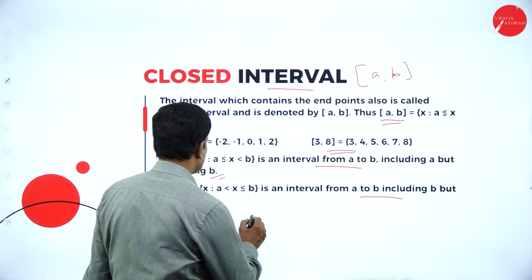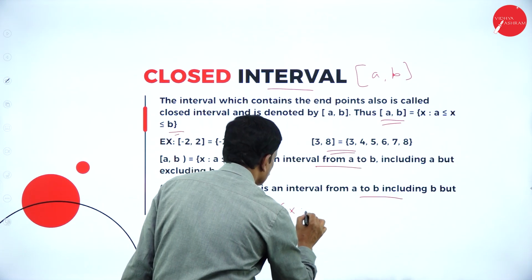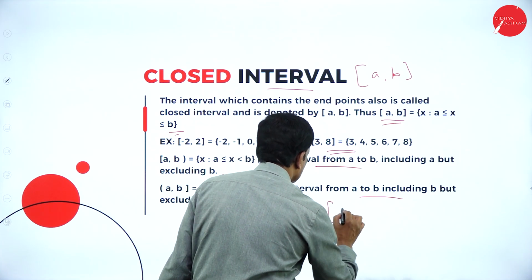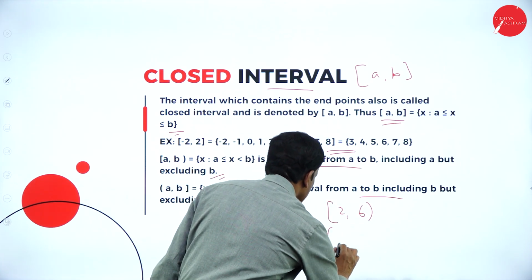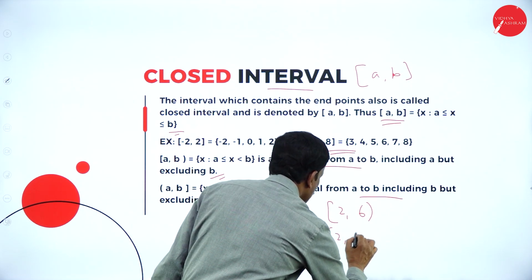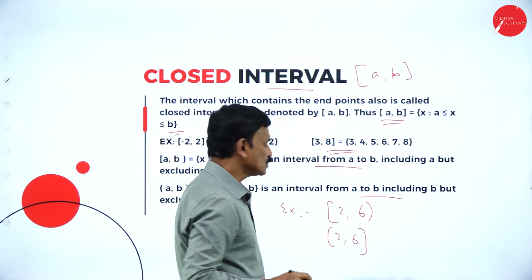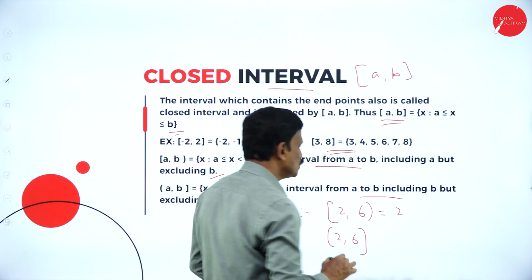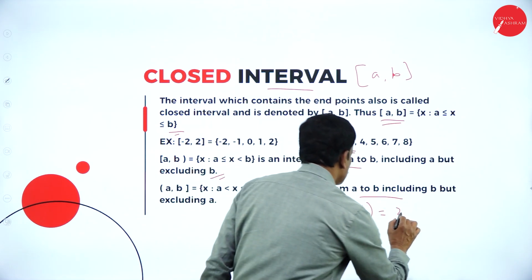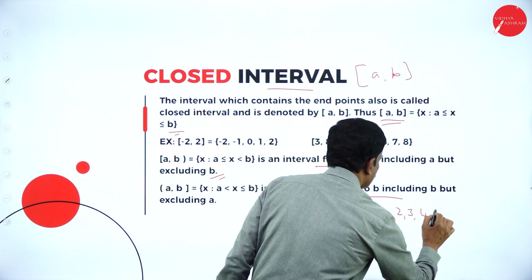For example, let us consider [2, 6). Suppose I write this [2, 6) like this. So here these are all the values which lie between 2 and 6, that is 2, 3, 4 and 5.